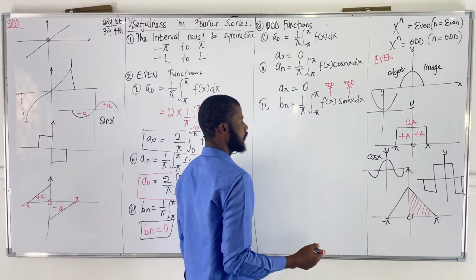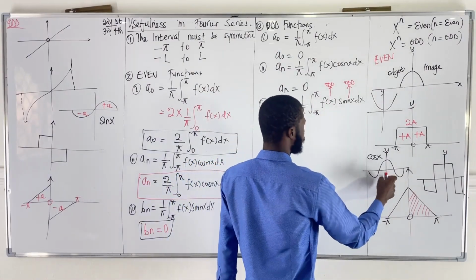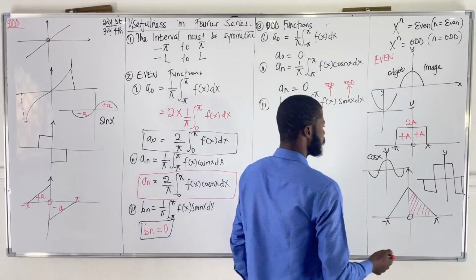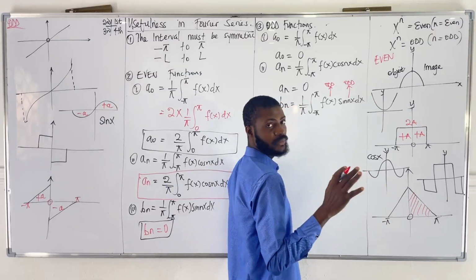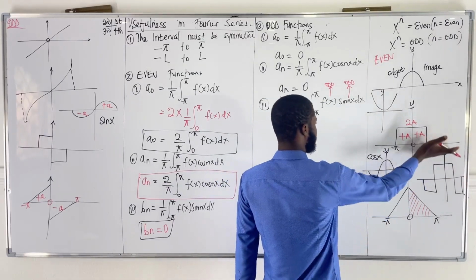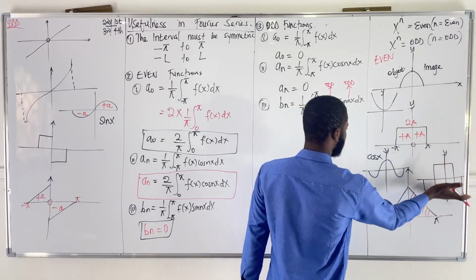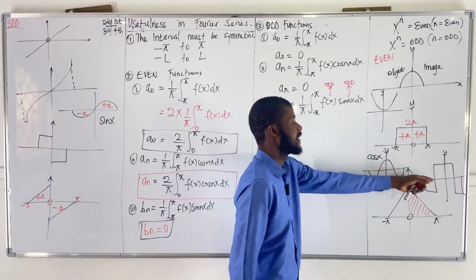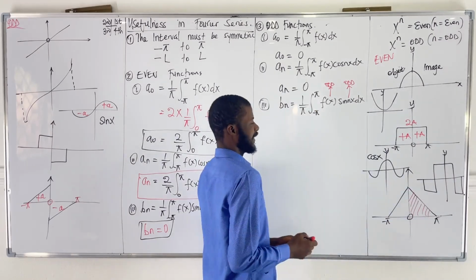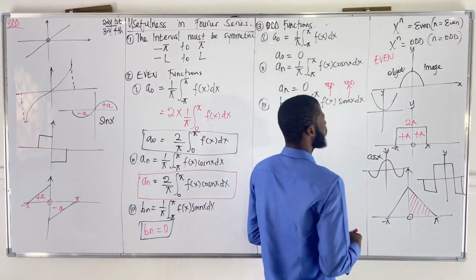Odd times odd will give you what? An even function. So if a function is even, let me use this one to represent it. If a function is even, this part is positive, this part is also, sorry, this part is negative.